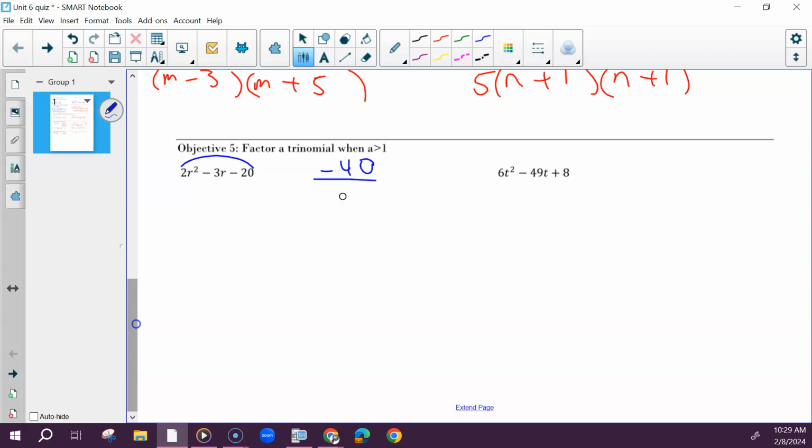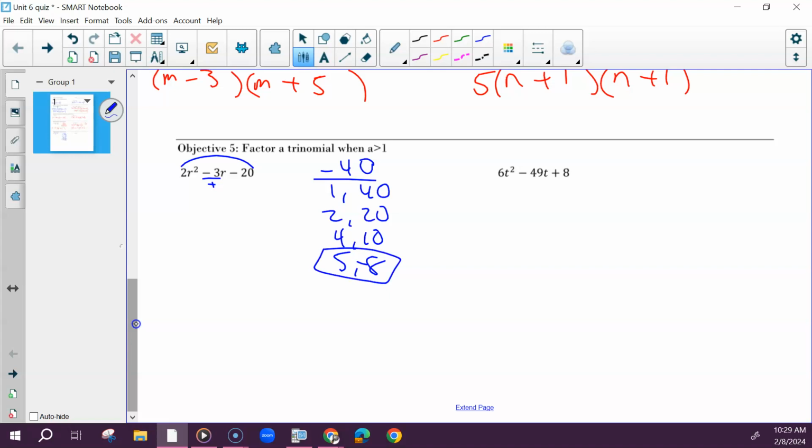Find factors of that number. 1 and 40, 2 and 20, 4 and 10, 5 and 8. That would add or subtract to be the middle. So because it's a negative, one of them has to be negative. That would be 8.